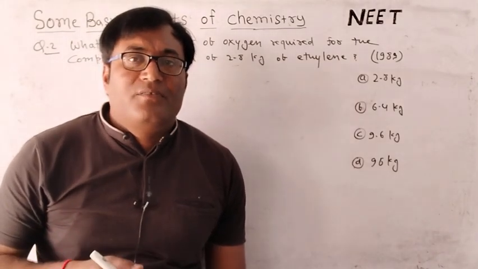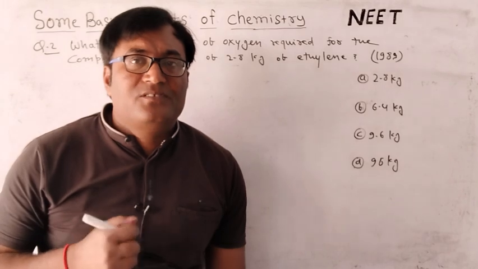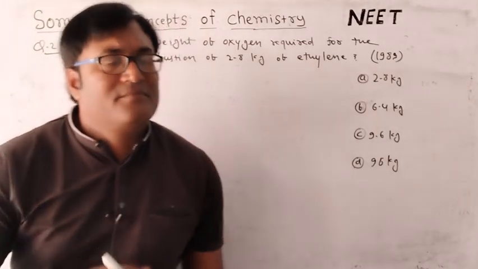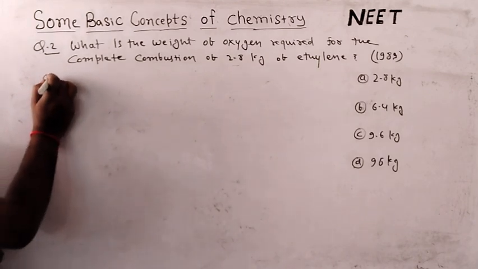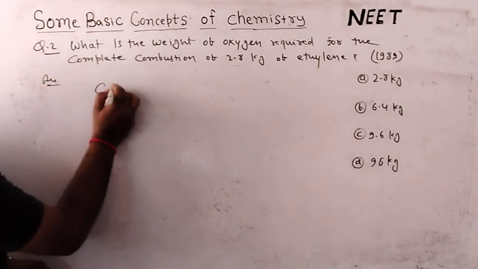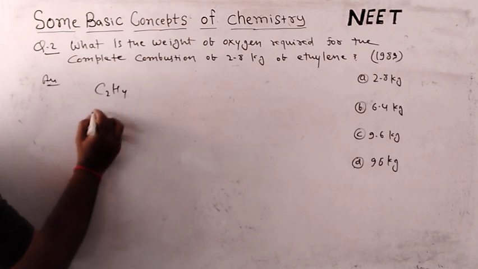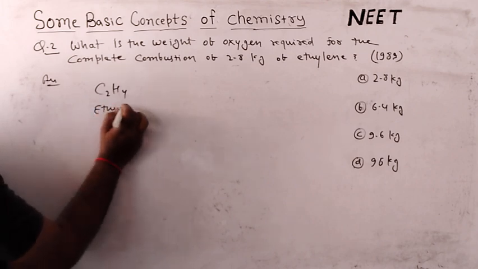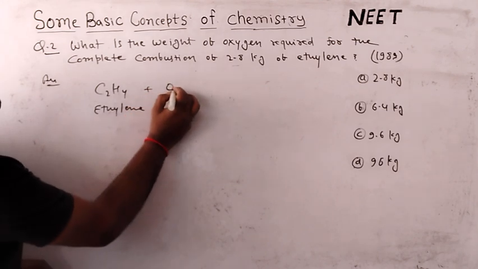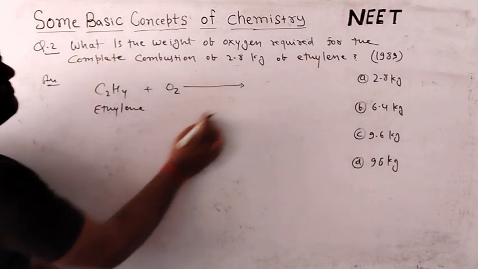What is the required weight of oxygen for combustion of 2.8 kg of ethylene? Now I am going to solve this question. C2H4 is the molecular formula of ethylene. Ethylene undergoes combustion in presence of oxygen.